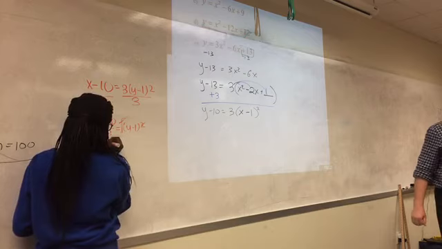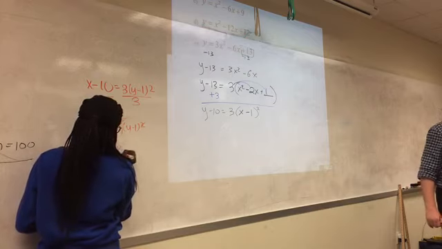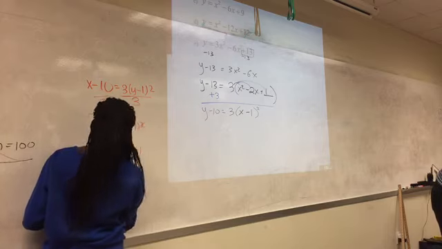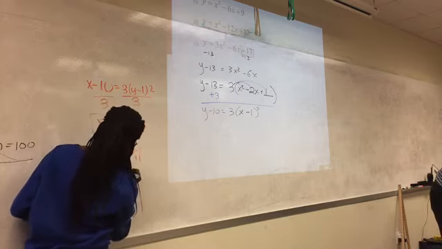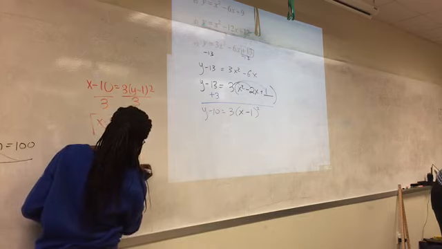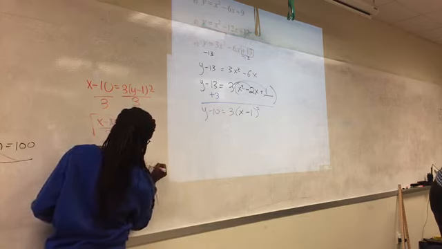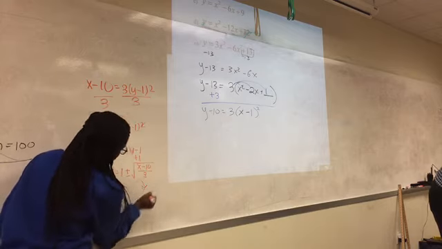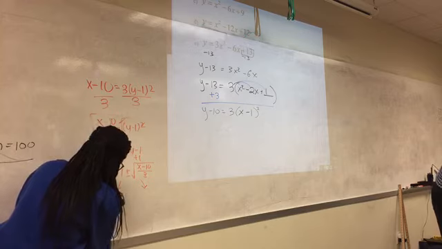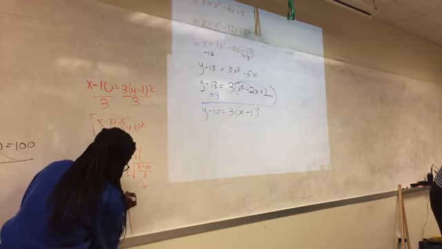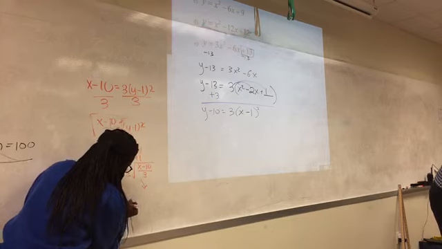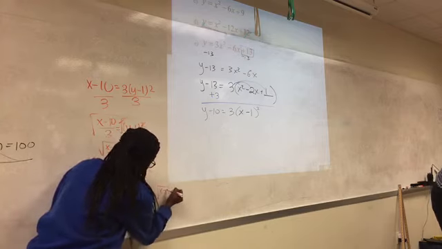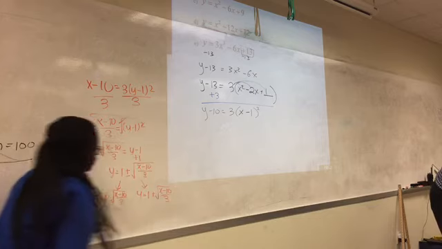Square root of x minus 10 over 3 equals y minus 1. Add 1. y equals 1 plus or minus the square root of x minus 10 over 3. And then split those into two equations so you can plug it into your calculator. You get y equals 1 minus the square root of x minus 10 over 3, and y equals 1 plus the square root of x minus 10 over 3.